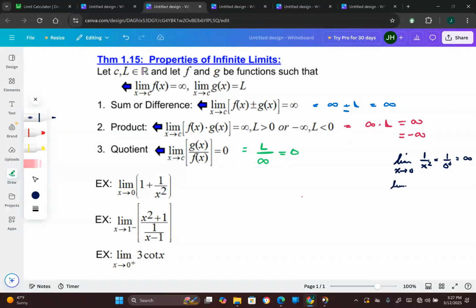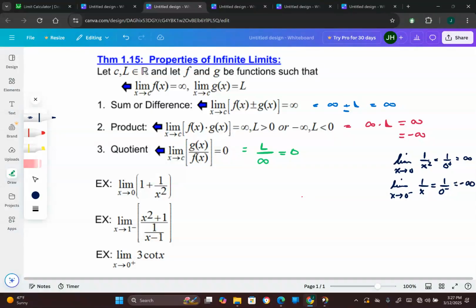If I do the limit as x approaches 0, and let's say it's from the negative side, 1 over x, this would be 1 over negative numbers that are approaching 0. This would go to negative infinity. Now, if you take the limit as x approaches infinity of 1 over x, 1 over infinity goes to 0. 1 over negative infinity would go to 0. And you can try this.